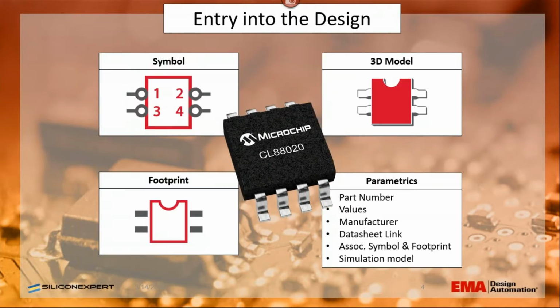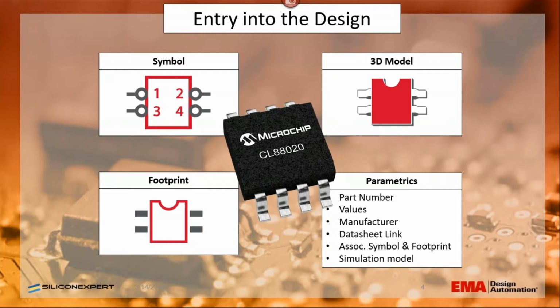And then once we find those parts, we've got to get them into the design itself, where there's a schematic symbol. You're also probably thinking about footprints and 3D models if you're bringing in assemblies and doing check and fit there.